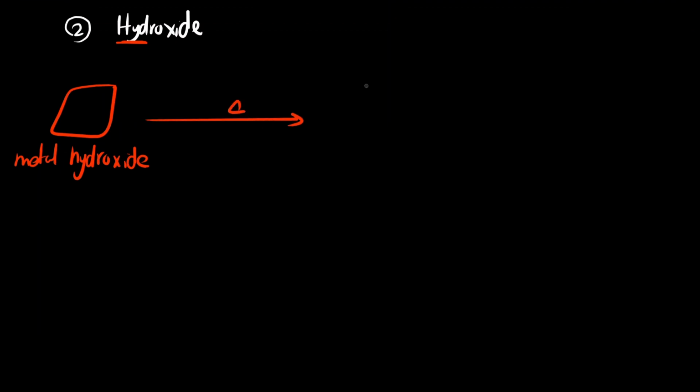So here in its name it says hydro, right? So it has something related to water, okay? So basically the chemical reaction goes as following. You have got the metal hydroxide here, expose it to heat, and you get two resultants.